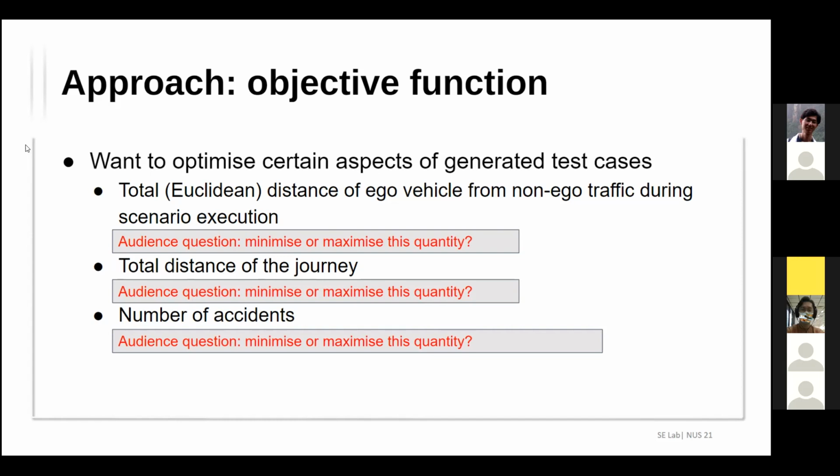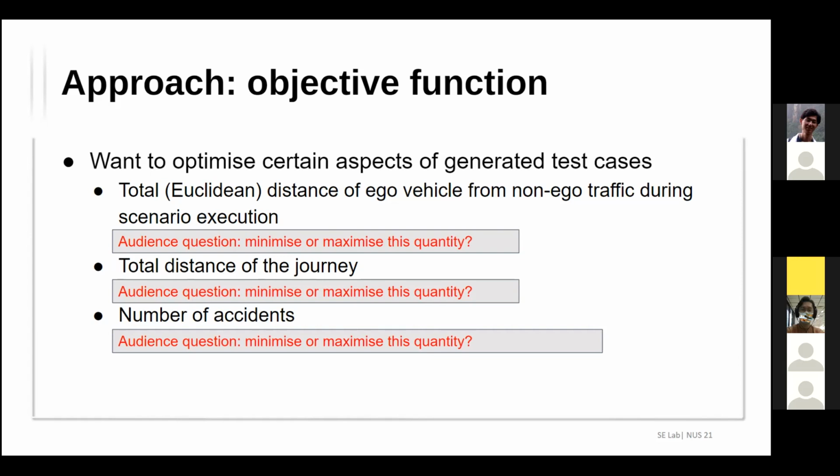For example, given the total distance of the ego vehicle from the other vehicle, the non-ego traffic, during scenarios, do we need to maximize or minimize their distance? These are three aspects of generated test cases, right?